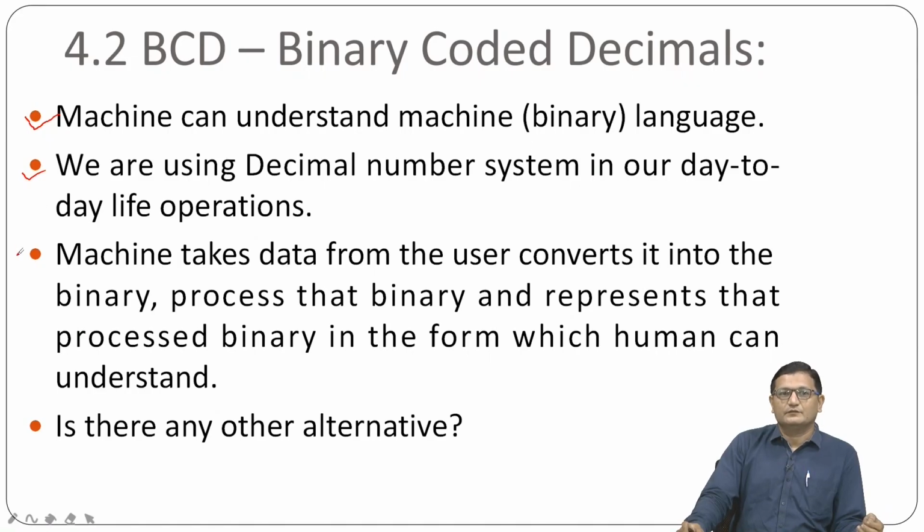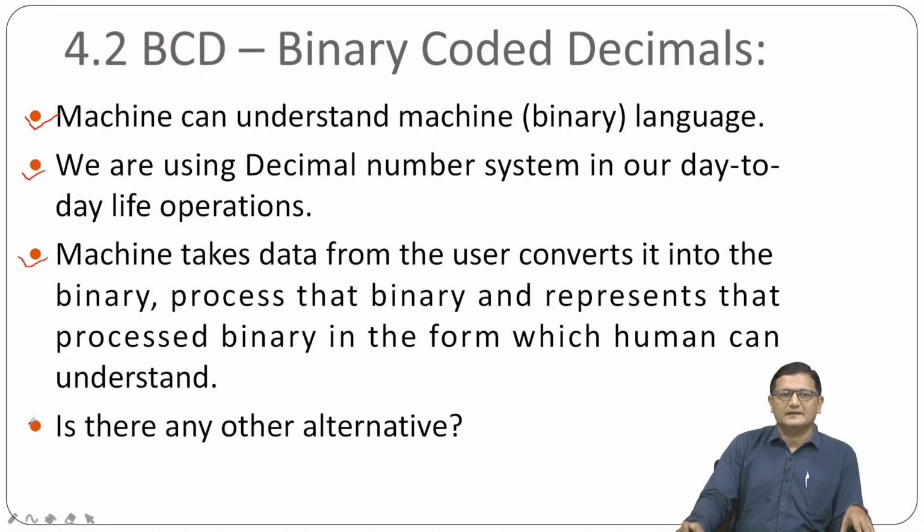So whenever you give any kind of number, obviously we enter it in decimal form, but that gets translated into binary. The machine takes data from the user, which is converted into binary, then that binary is processed by the system. Again, the information produced by the CPU is in binary form, and then output devices convert that again into decimal and represent it to us.